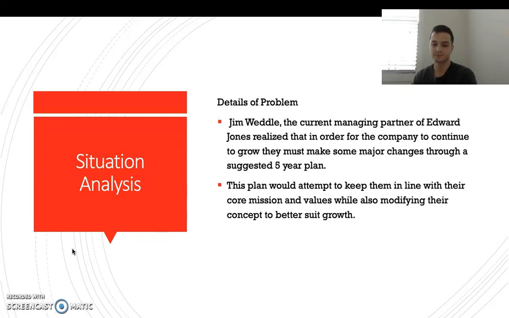This one is the one that's mostly talked about in the passage, where he's trying to make huge changes while still staying true to what Ted Jones at the beginning wanted, which was really customer focused and one on one. But he knows that that's not totally going to work, and they need to adapt.